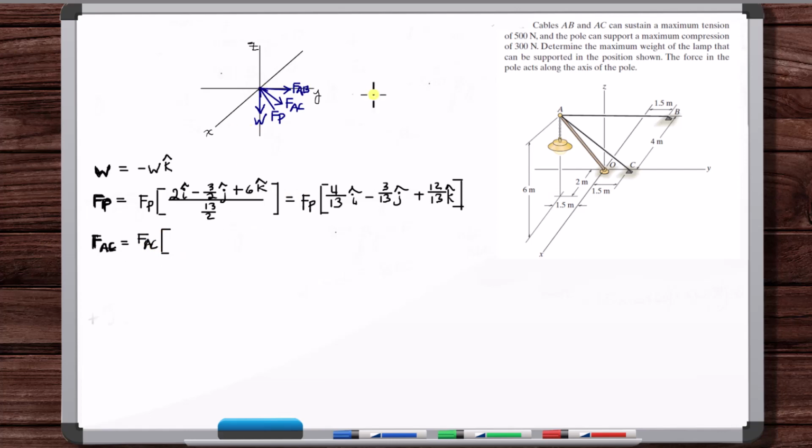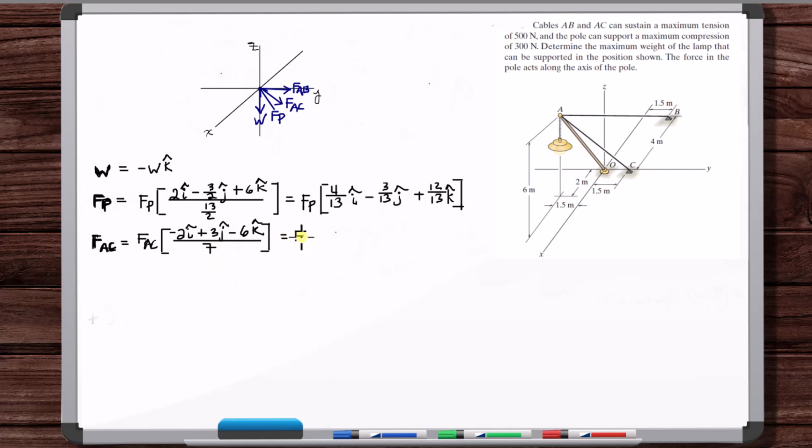Okay, so now we're starting at A and going to C. So we go 3 in the I, or no, we go minus 2 in the I, and then positive 3 in the J, and then minus 6 K. And the magnitude of this vector is 7.